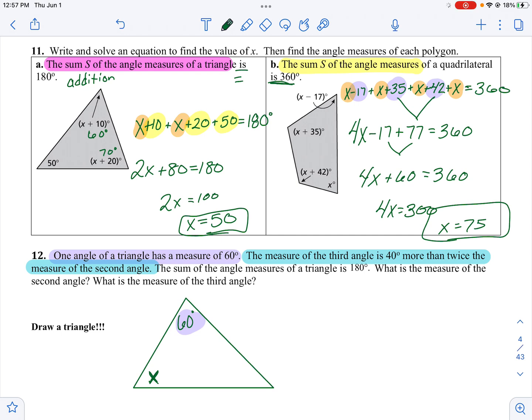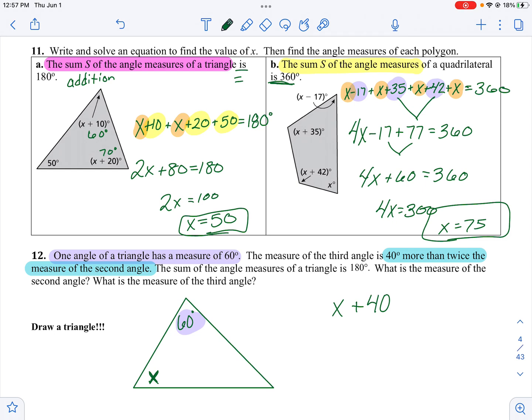And now we're going to have to try to piece together what this other stuff means. 40 more than twice the measure. Okay, well, more than is going to be addition. So there's going to be an addition, and it's 40 more than the measure of the second angle.